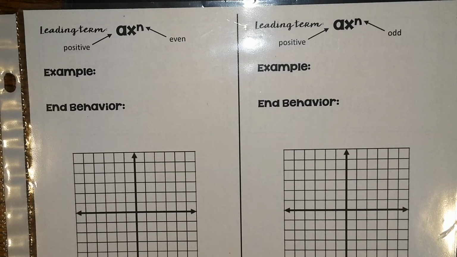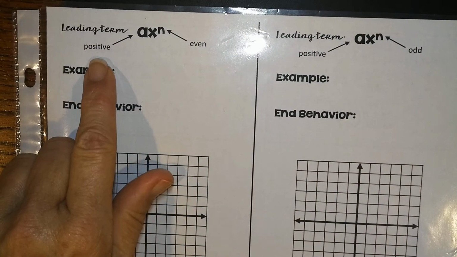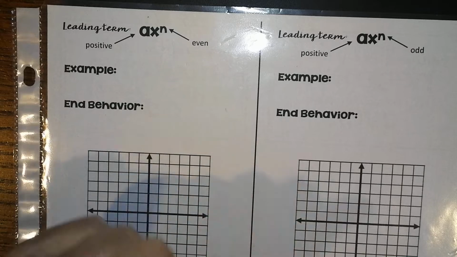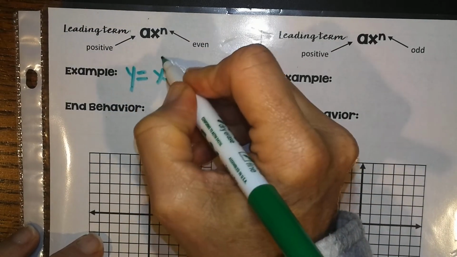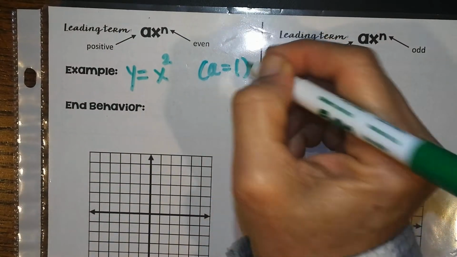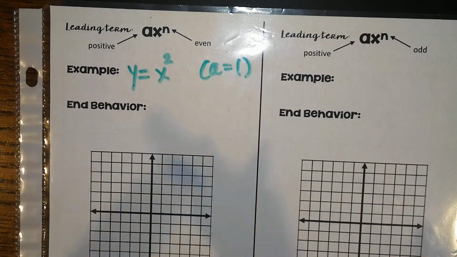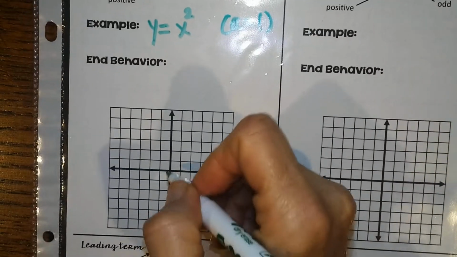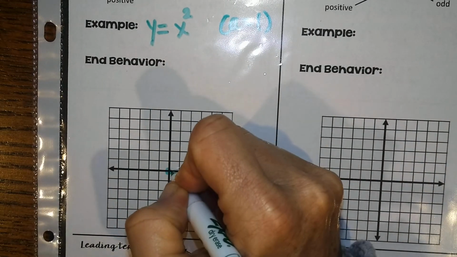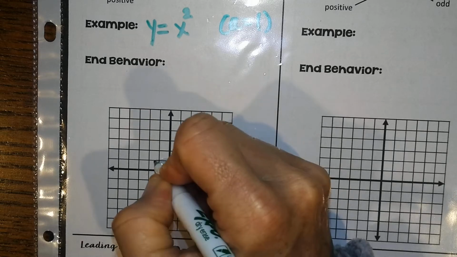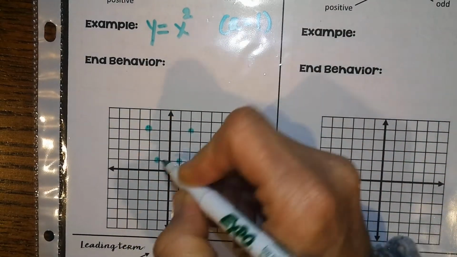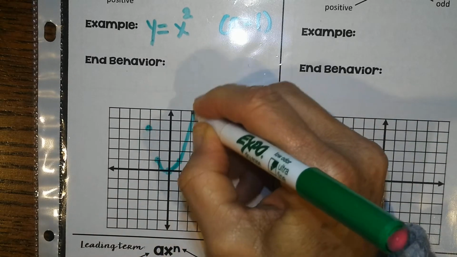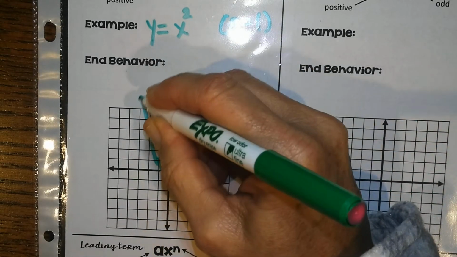So let's start with a positive, even-powered function. My example is y equals x squared. Here, a equals 1. The way it looks, as we know, is (0, 0), (1, 1), (2, 4), and it can be a sketch like that.